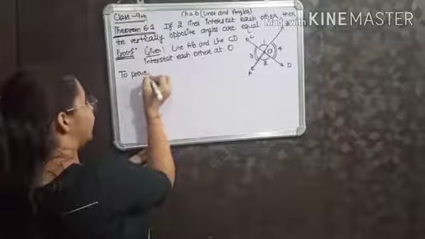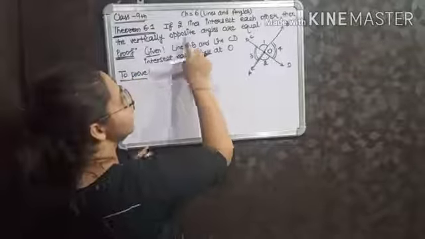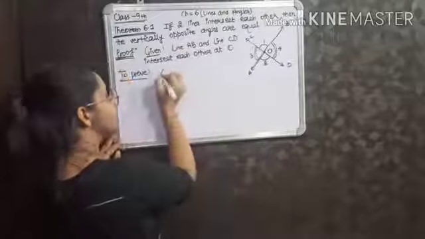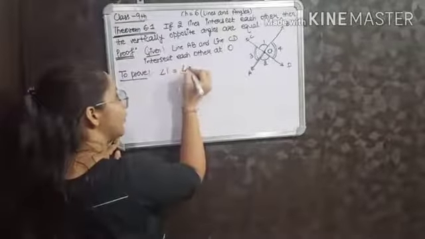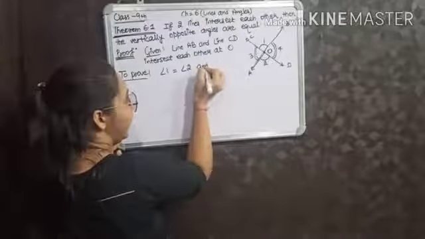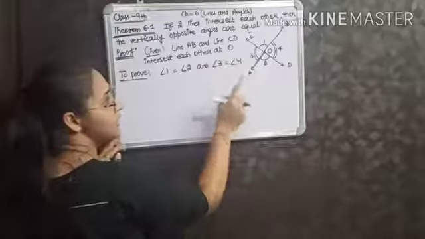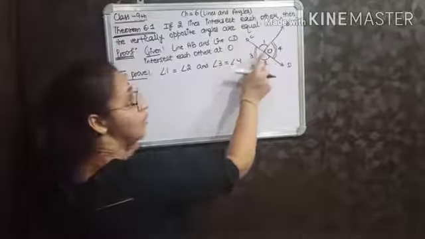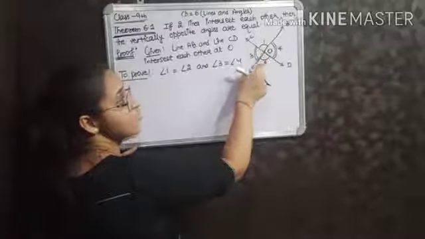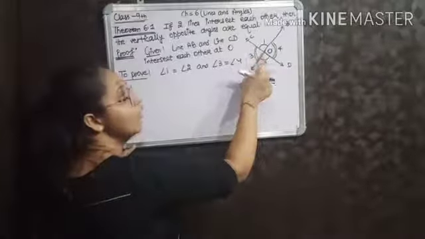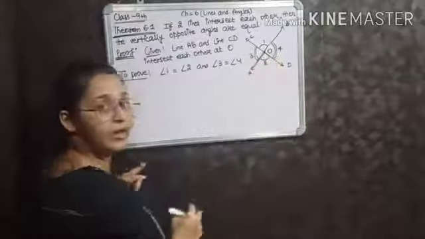We have to prove that vertically opposite angles are equal, that is, angle 1 is equal to angle 2 and angle 3 is equal to angle 4. I am not saying angle 1 is equal to angle 3. Only this pair, that is vertically opposite: angle 1 is equal to angle 2 and angle 3 is equal to angle 4.